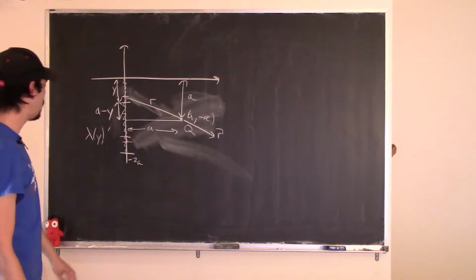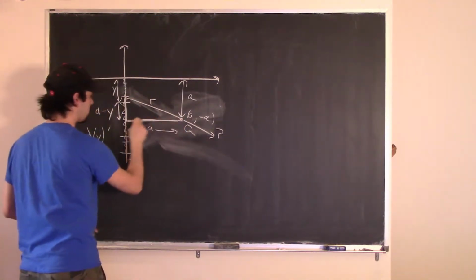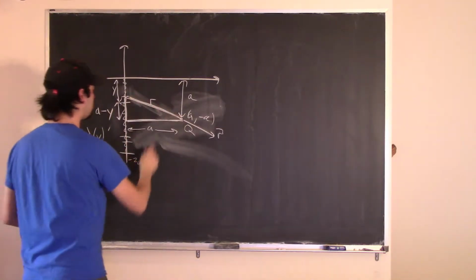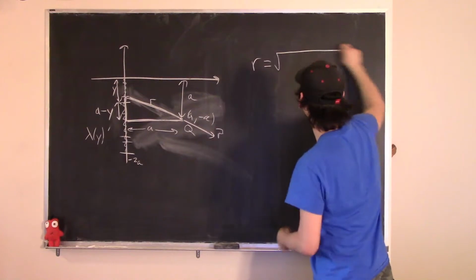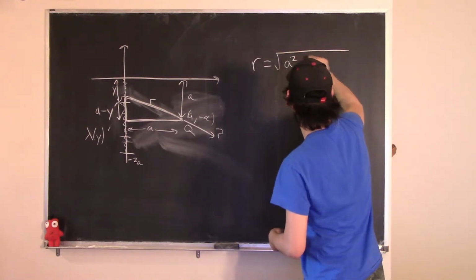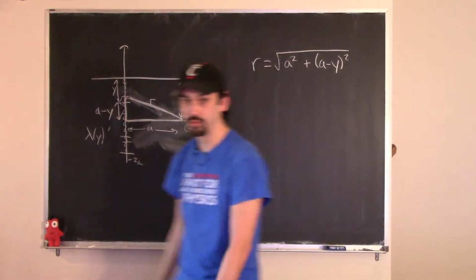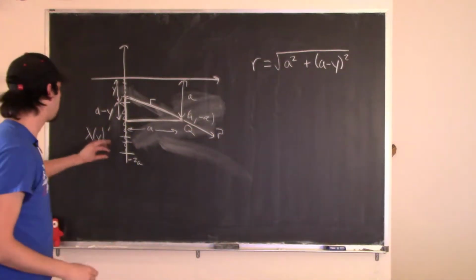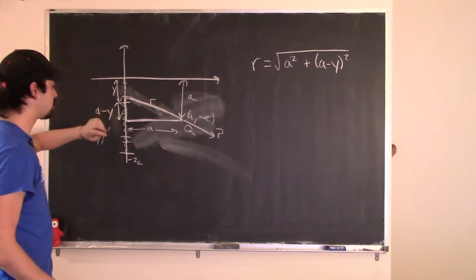So when we're looking at this triangle, we see that r is just going to be equal to the square root of a squared plus (a minus y) squared. So that was the first important thing, to be able to identify this a minus y piece over here.